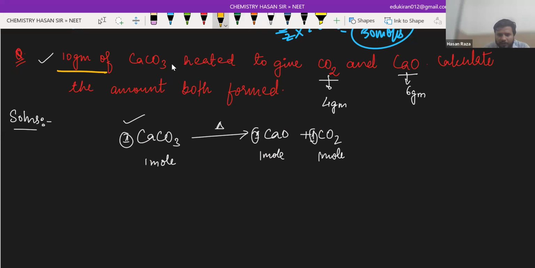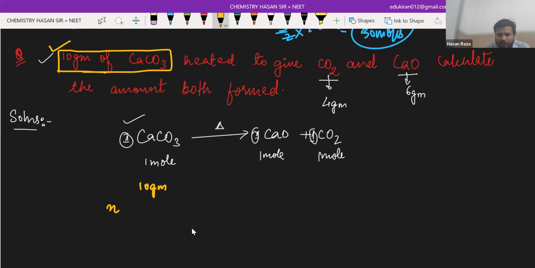Whenever something is given, it will be mass, number, or volume. You need to convert that mass, number, or volume into number of moles. Number of moles is equal to given mass upon molar mass. Given mass is 10 gram and molar mass is 100 gram. That will be equal to 0.1 mole.